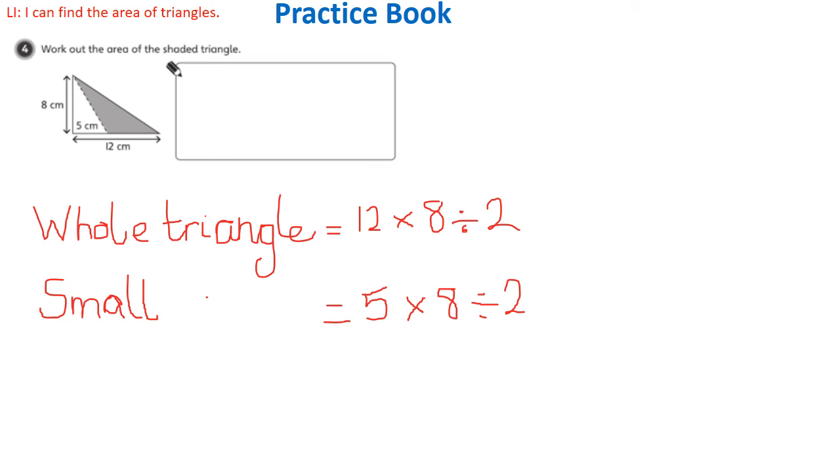So that's going to be 5 times 8 divided by 2. Now, what it's asking you is to find the area of the shaded triangle. So therefore, you want to do the whole triangle, take away the small triangle, and that is going to give you your answer.